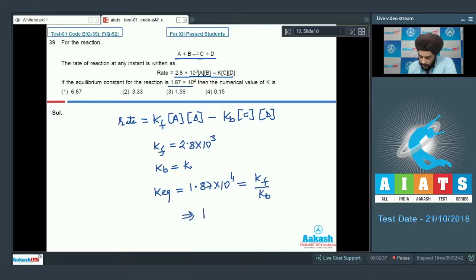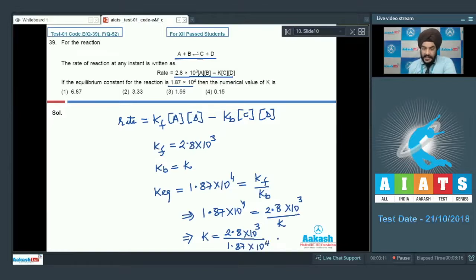So 1.87 into 10 raised to power 4 is equal to 2.8 into 10 raised to power 3 upon the value K. So K can be written as 2.8 into 10 raised to power 3 upon 1.87 into 10 raised to power 4.